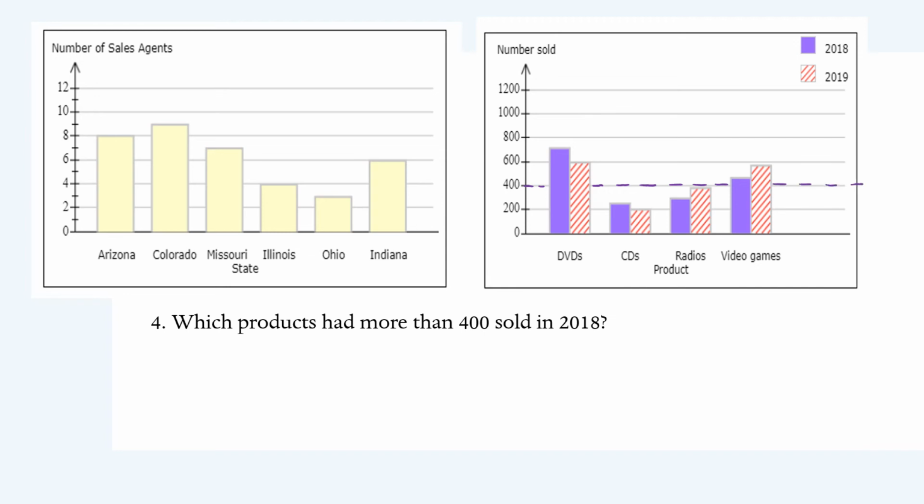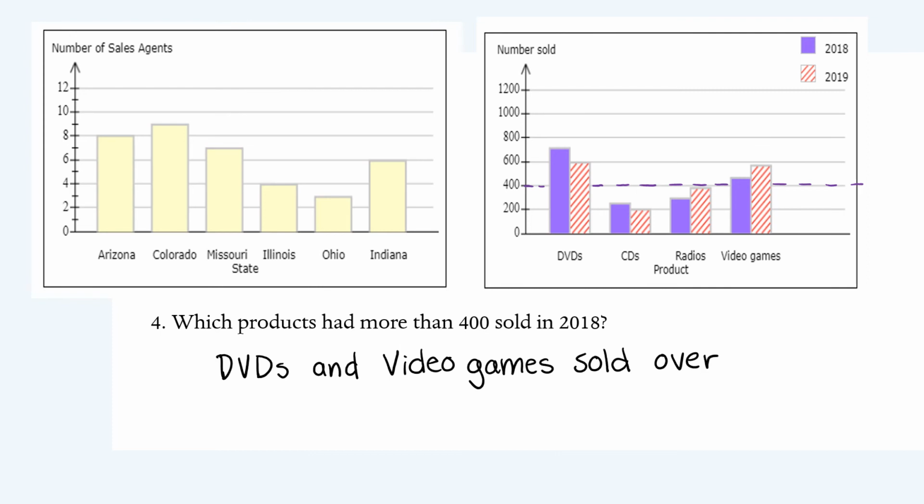And we can see that for the 2018 bars, DVDs and video games sold more than 400 products in 2018.